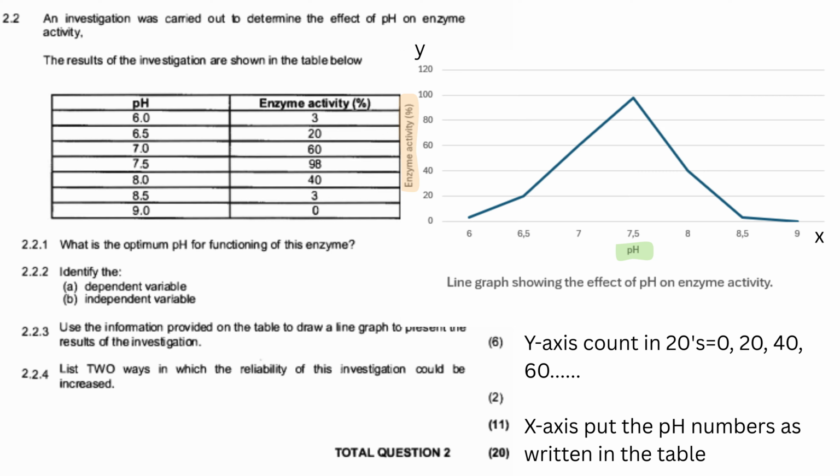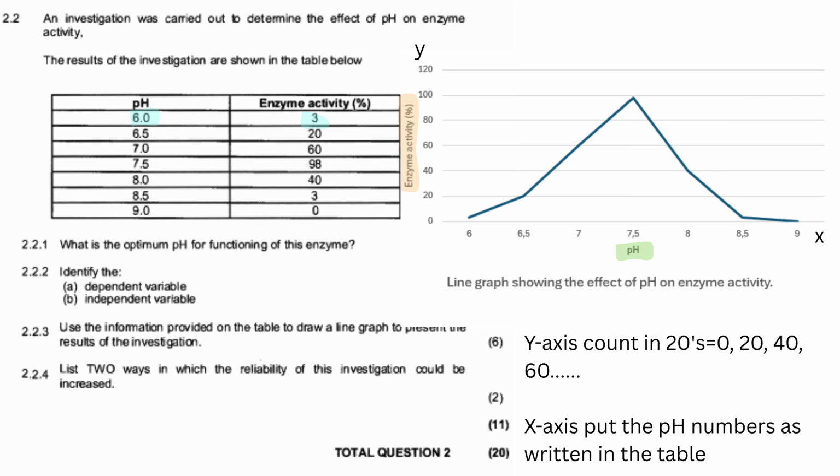So how do we plot your graph? We're going to start with the 6 pH, because it's the first number. If we look at the 6.0 pH, we have to look for the 3 on the y-axis. So from the axis, we're starting with 6.0, on the y-axis we have to estimate the 3.